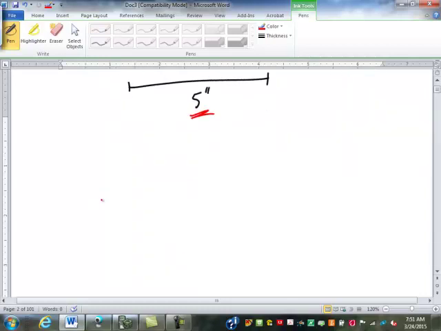So if I want to create a certain angle right here, I'm using my 5-inch sine bar, so that means the hypotenuse of my triangle is going to be 5 inches. Normally what we're trying to find is this over here, the opposite side, the vertical.